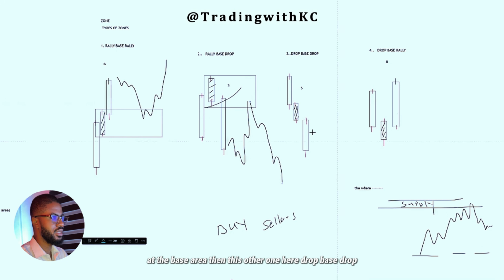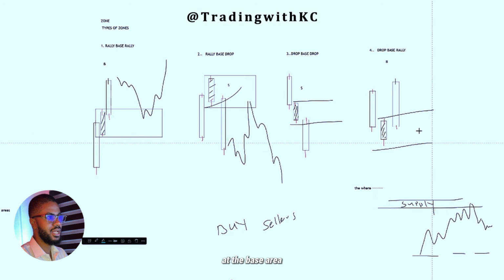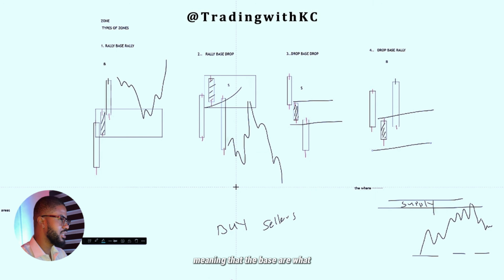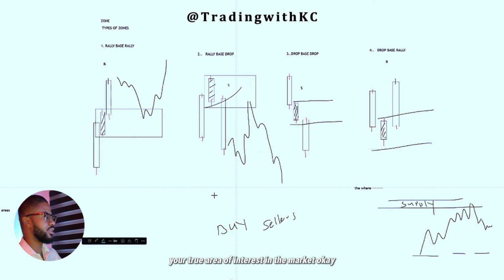At the base area. Then this other one here, drop base drop. I want to sell at the base area. Then drop base rally. I want to buy at the what? At the base area. So always take your buy or your sell at the base area, meaning that the bases are what? Your true area of interest in the market.